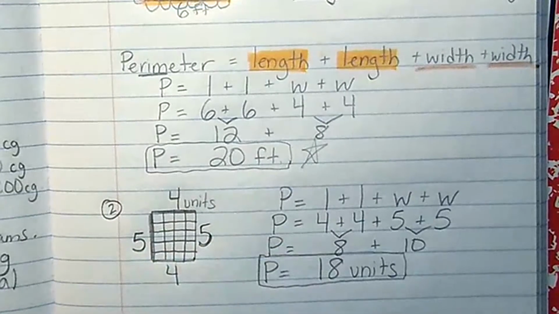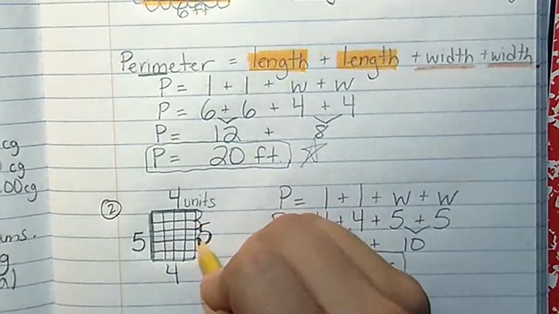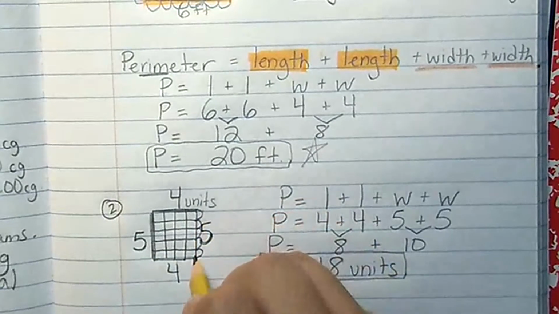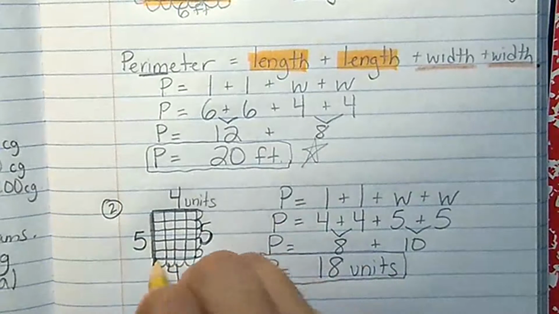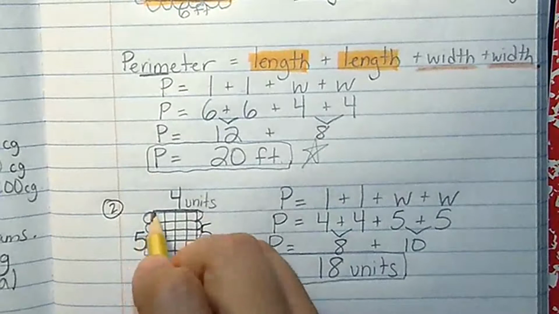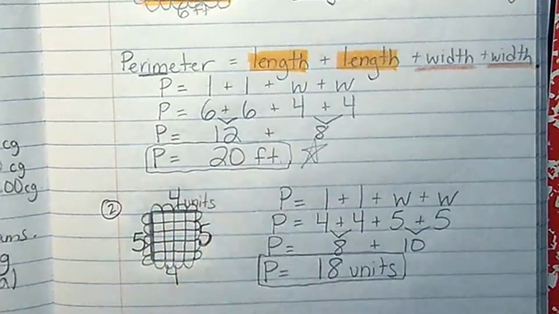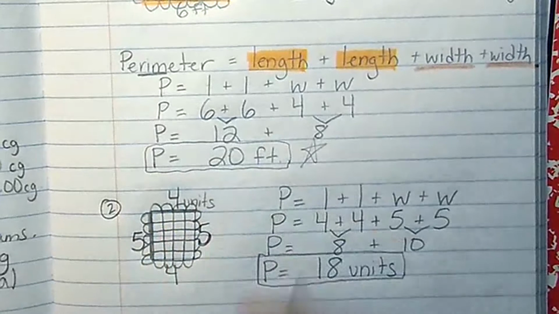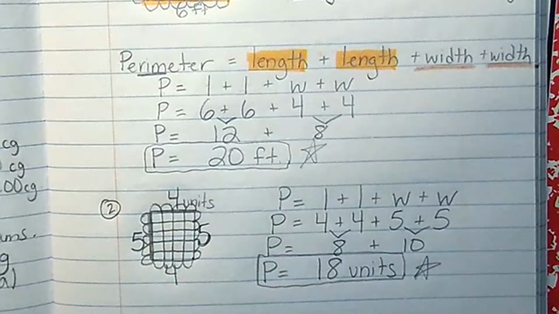And now I just jump around the edges and I count. 1, 2, 3, 4, 5, 6, 7, 8, 9, 10, 11, 12, 13, 14, 15, 16, 17, 18. 18 matches 18. We know that we're right. All right, good job.